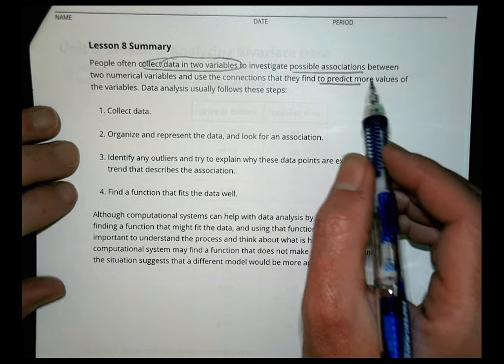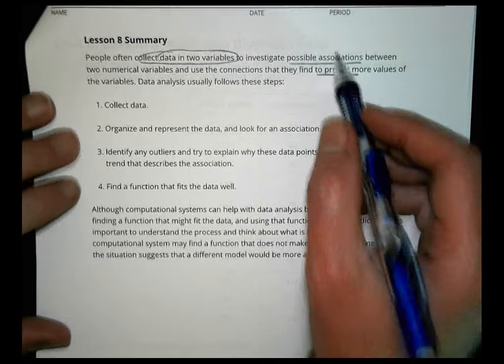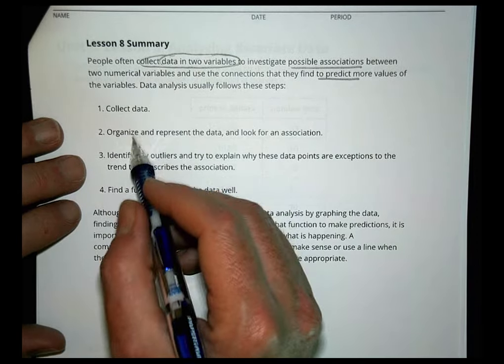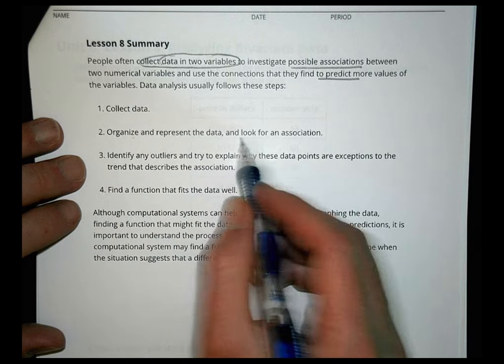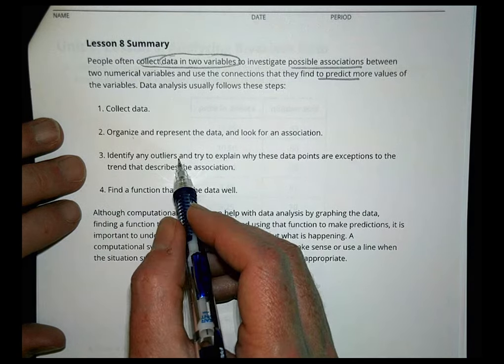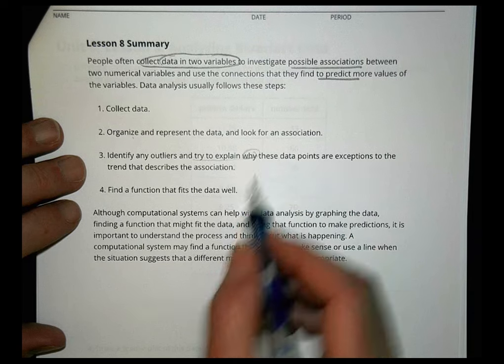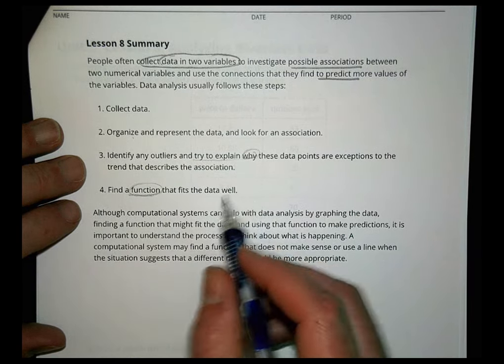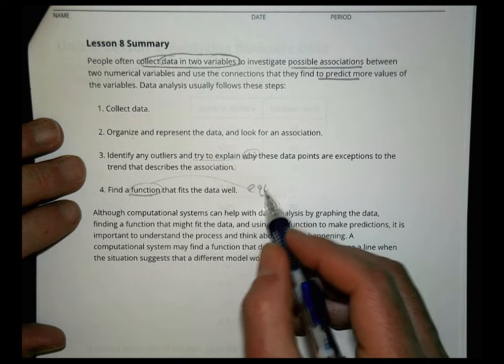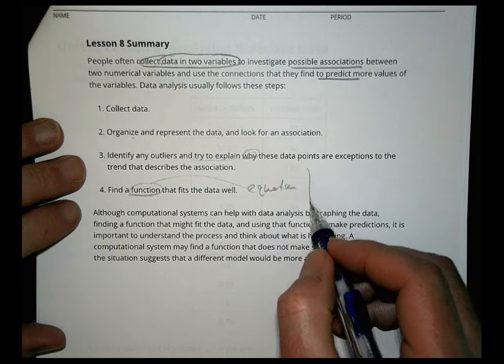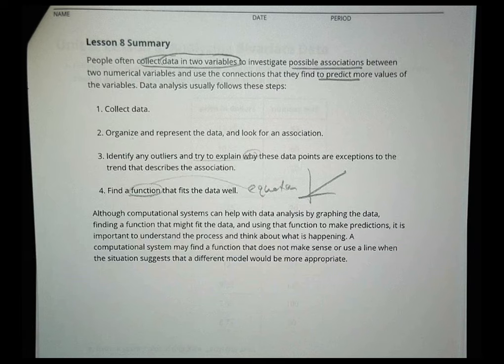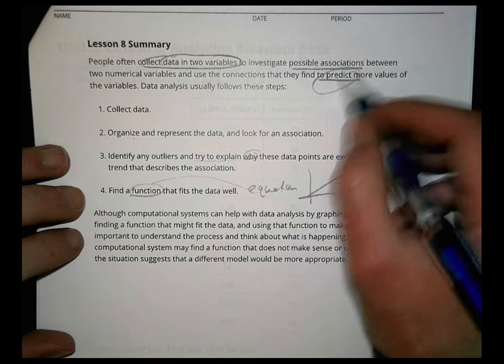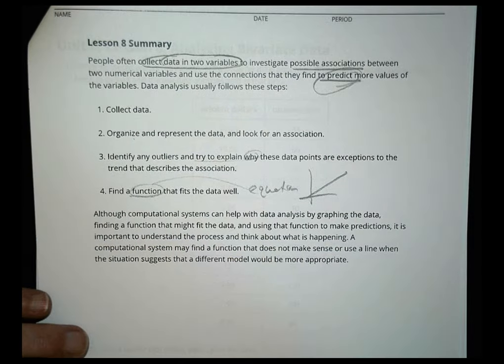Typically, the steps are you collect some data, you organize it and represent it, you look for the association. If you have any outliers, you try to explain why they're there, and then you find a function that fits the data well. That's that equation we kind of talked about. What makes it work the way it does and makes it work for everything else allows you to predict more. That's what the function really helps you do, predict more.